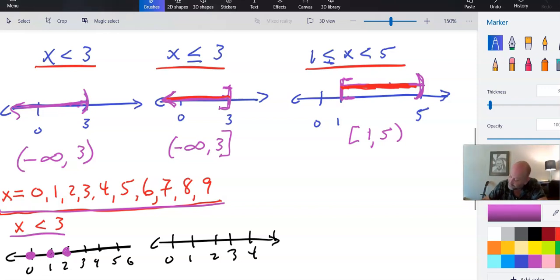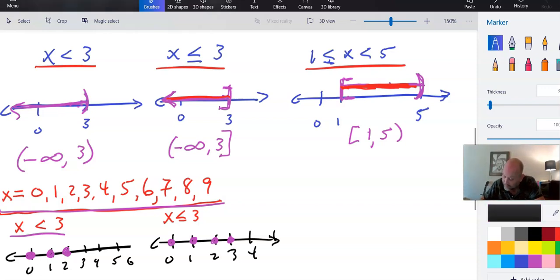Now, if we look at this list of x's, for x less than or equal to 3, 0 works, just like before. 1 works, 1 is less than 3. 2 works, 2 is less than 3. 3, well, it says less than or equal to 3, and 3 is equal to 3, so that qualifies. So this time we include the 3 when we graph it. If it's less than, then it has to be less than. But if it's less than or equal to, then the number itself is game to put in here.